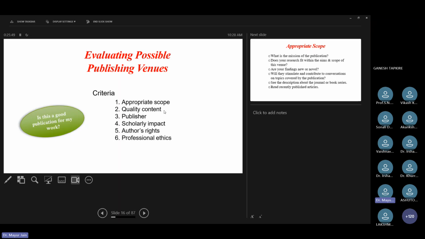And then based on that, you can understand which publisher should be focused on. Whether it should be Elsevier, Springer, Wiley, ASCE, Taylor and Francis, Oxford. So you can choose among all these different types of publishers based on the scope and the content you have in your work.